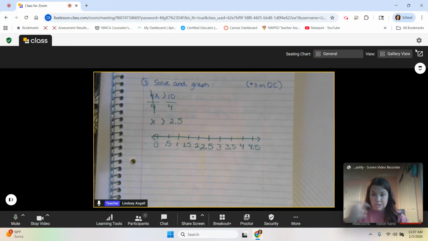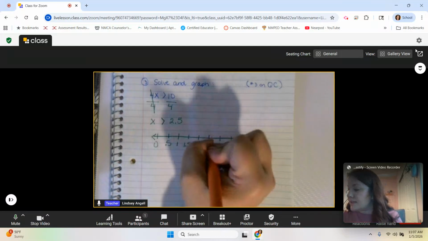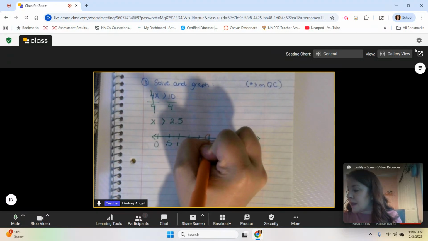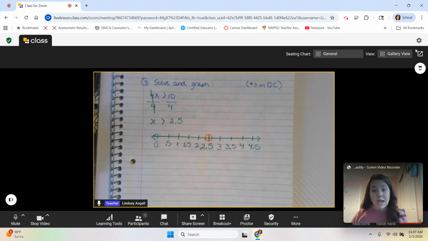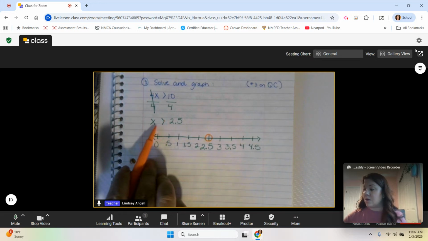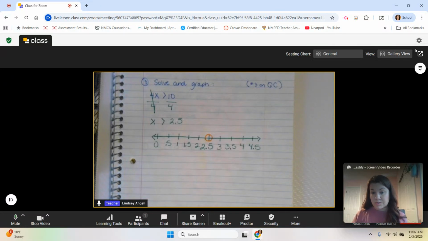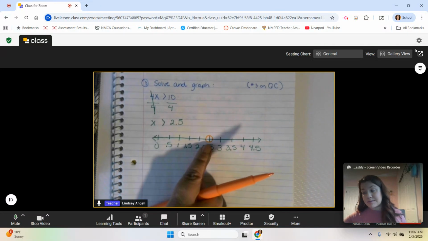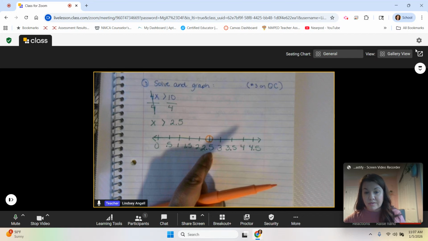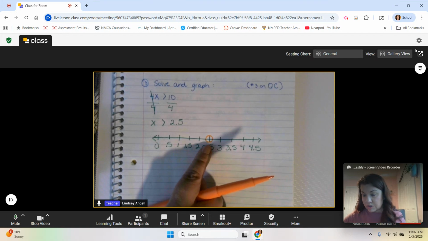Remember from the last lesson, we talked about those circles. So 2.5, that tells me this is where my graph starts. I am not going to color it in because it's only a greater than symbol. It's not greater than or equal to. So what that tells me is, yes, my graph starts at 2.5, but I'm not including 2.5.